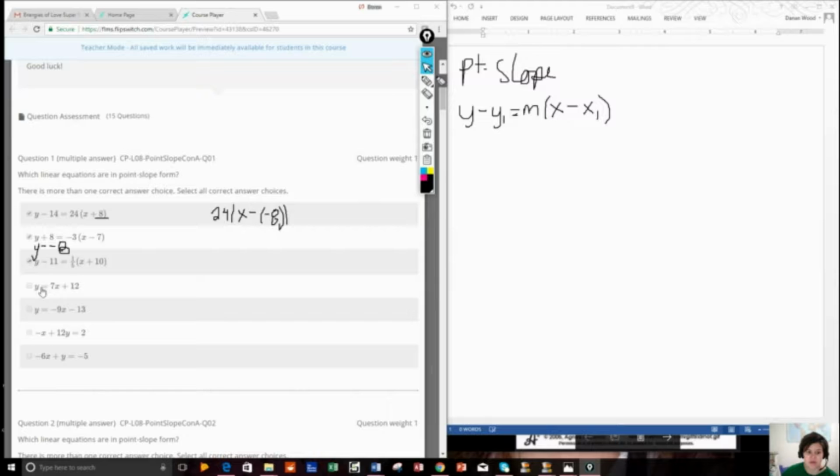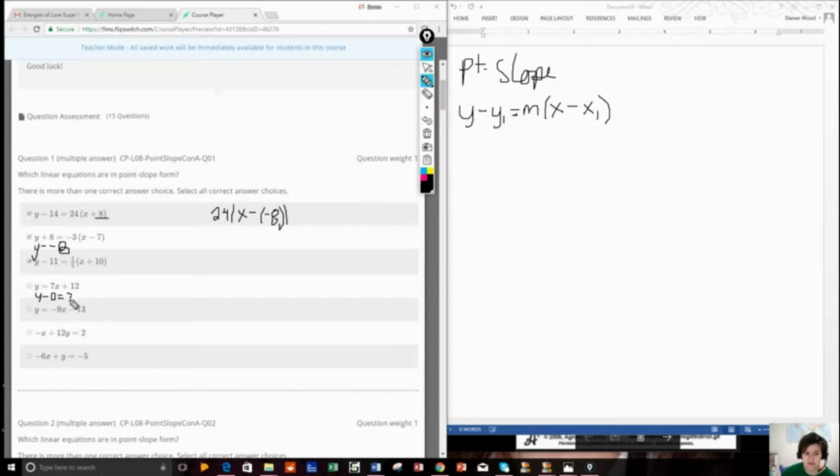Y, and then there's nothing here. That's okay still right now, because it could be y minus 0, and you really don't write y minus 0 because y minus 0 is just y. So far that's still okay, because it could be rewritten as that.